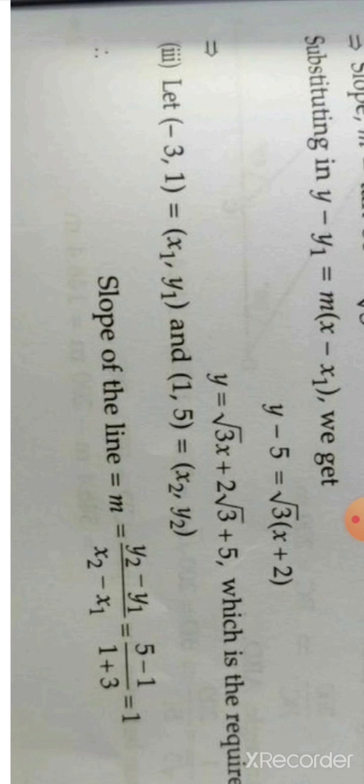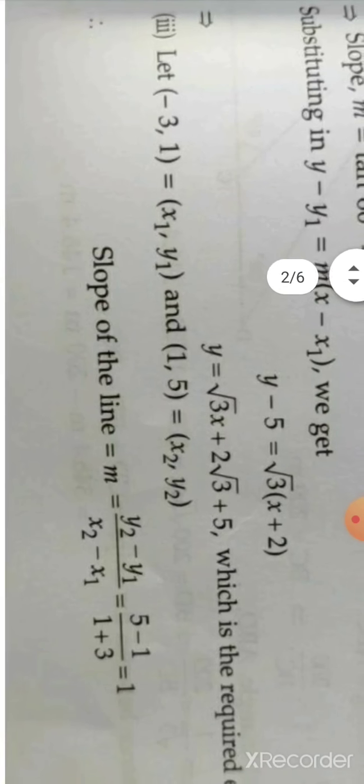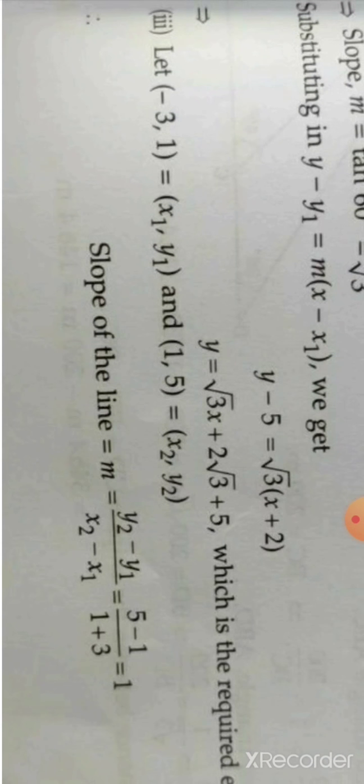We have to find the slope first using the values x1, y1, x2, y2 using the formula m is equal to y2 minus y1 upon x2 minus x1, which is 5 minus 1 upon 1 plus 3. That is 4 upon 4, which is 1.